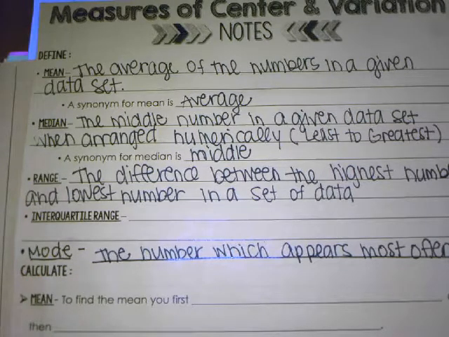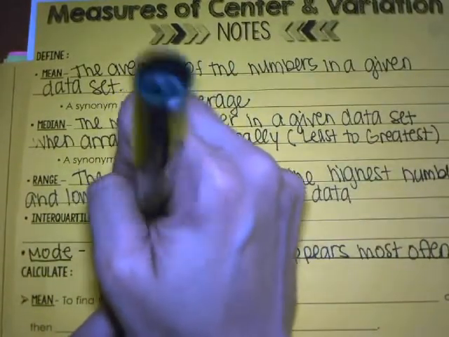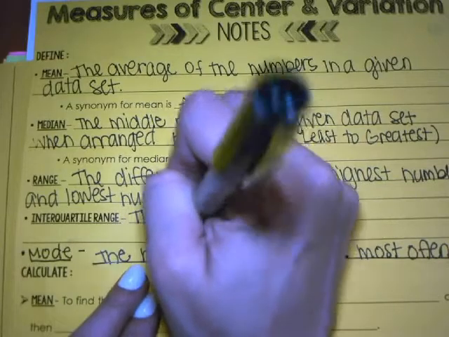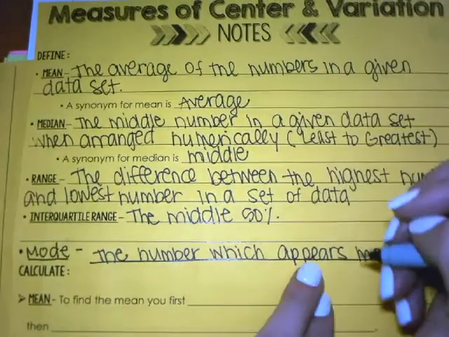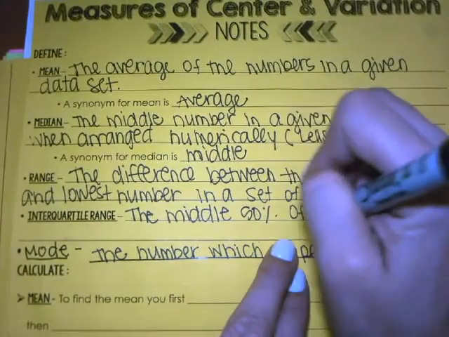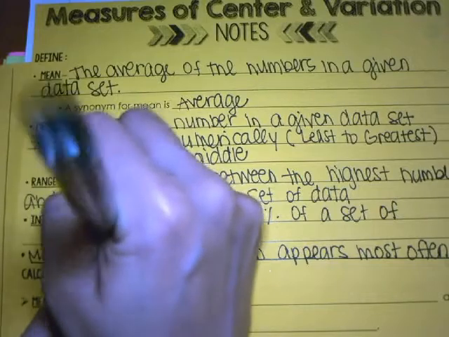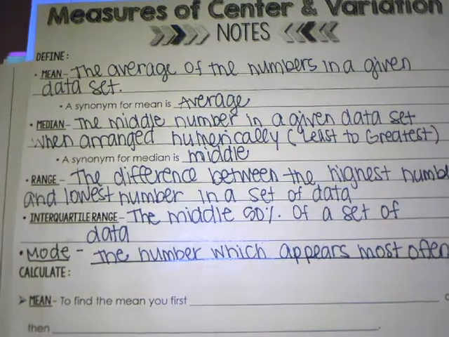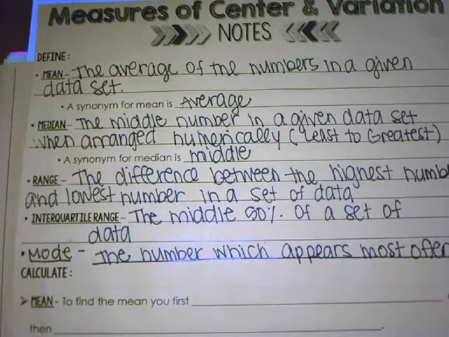Okay, so interquartile range, I think you all somewhat know what it is and how to find it. It's hard to describe. It's the middle 50% of a set of data. So it's not the whole set of data, it's the middle 50% of the data.